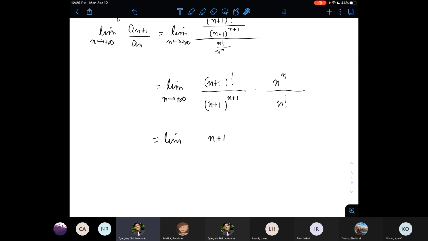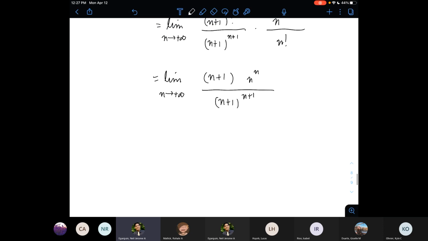All right. And then what else? So we'll have n to the n here. And then here I'll have n plus 1 to the n plus 1 as n approaches infinity. Okay. Oh, I can cancel this n plus 1 with one of the n plus 1 in the denominator.